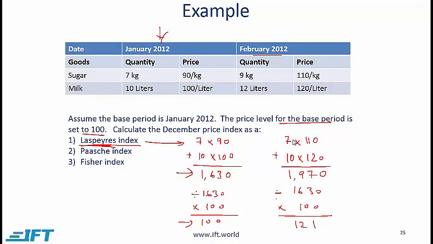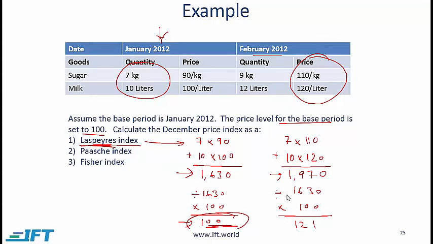Next period, we will use the same quantity. We keep the basket the same. So we have 7 and 10, but we use the new prices, 110 and 120. When we do the raw calculation, we get 1970, but we again need to bring this back to a number such that it can be compared with 100.